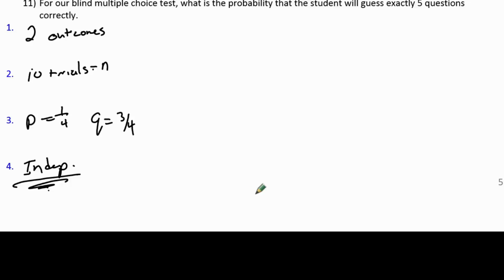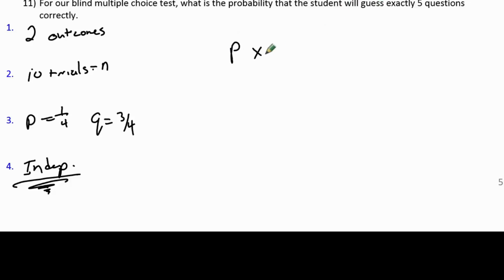But the chances on your answer key were randomly selected, because I used a random number generator and picked 10 random numbers between 1 and 4, and those were our letters in our blind guess. So how do we figure this out?